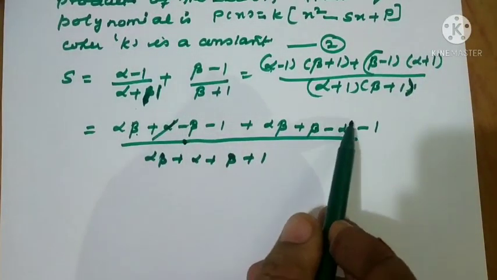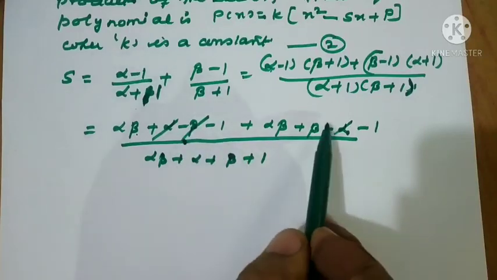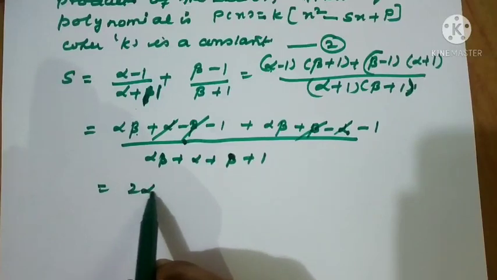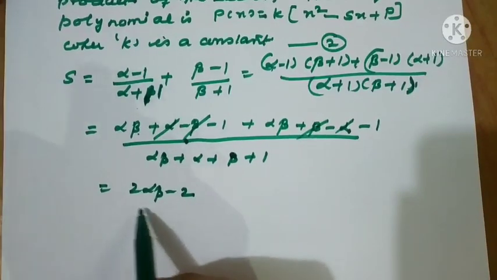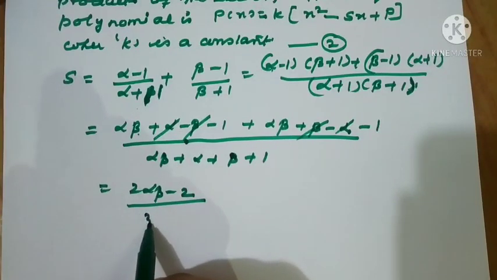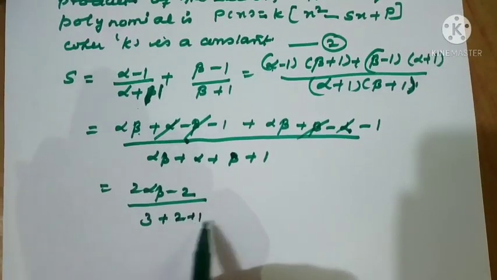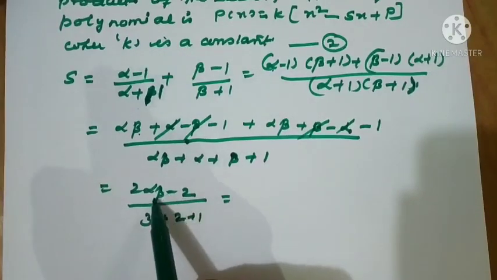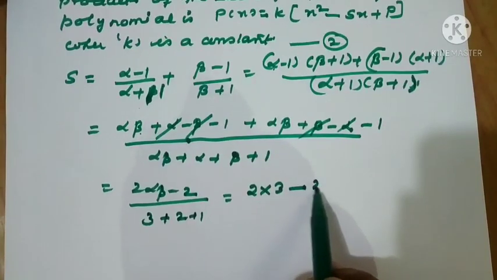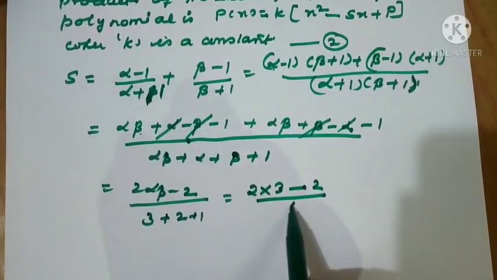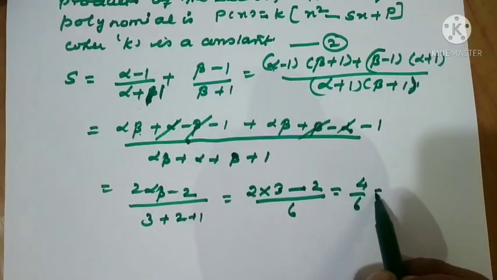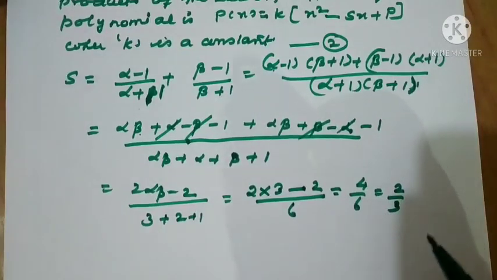Plus alpha minus alpha will get cancelled, minus beta plus beta will get cancelled. So what is remaining? 2 alpha beta minus 2 only, divided by alpha beta plus alpha plus beta plus 1, where alpha beta equal to 3, alpha plus beta equal to 2. Now 2 alpha beta is written, so 2 into 3 is 6 only. So 6 minus 2, 4 by 6 equal to 2 by 3.